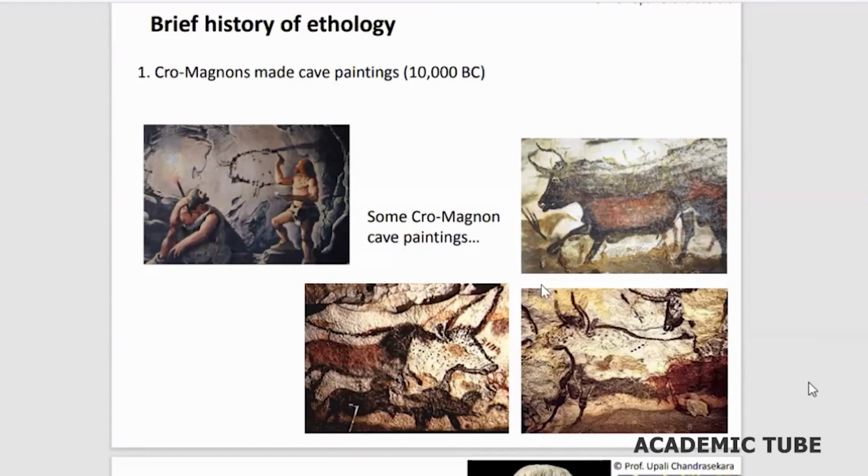The buffalo? Then another buffalo. Don't think that there were only buffaloes in their time, right? There are many other animals as well. Now I'm showing you only a few of them. So they are regarded as the first human form that observed animal behavior and recorded observations.